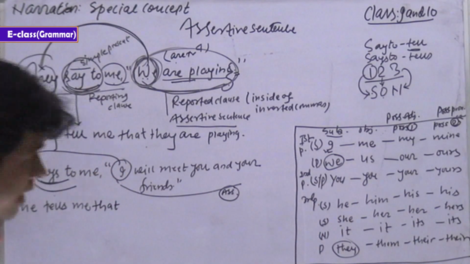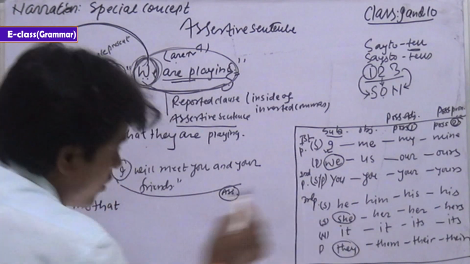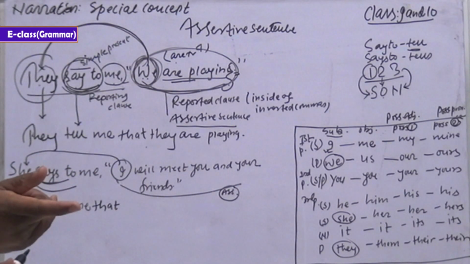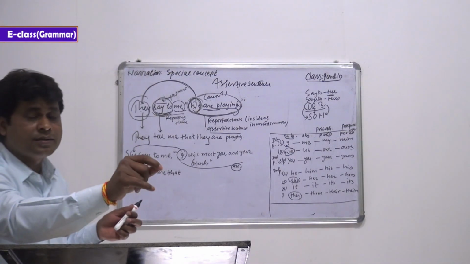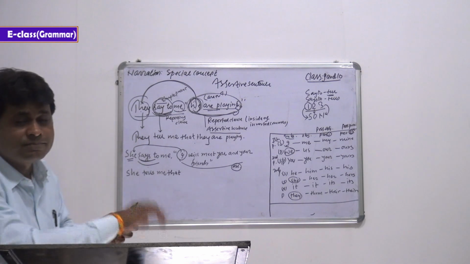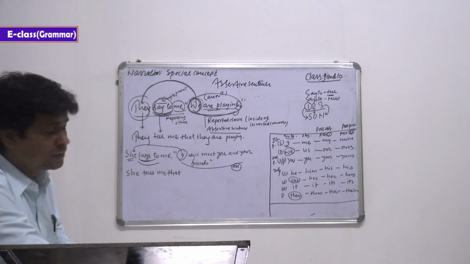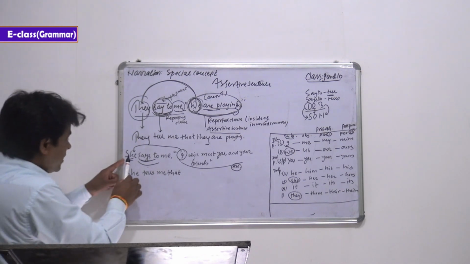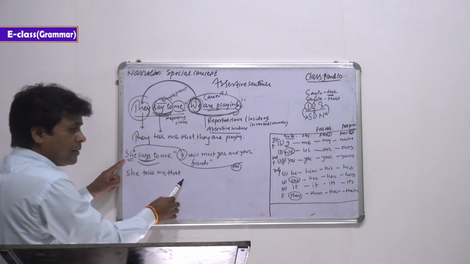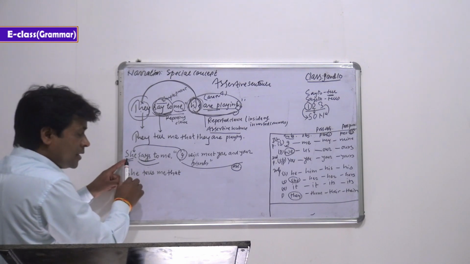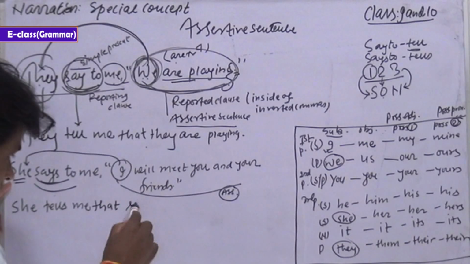And she, which case here? Subjective case. Again, case matched. If case is matched, the work is done. So, we will copy the same pronoun here. So what's the pronoun here? She.